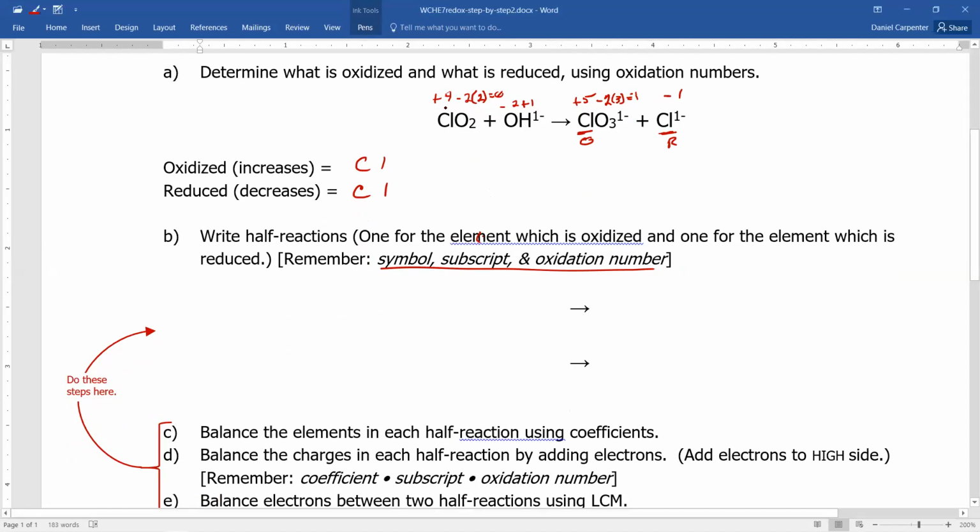We're going to start with chlorine +4 for both half reactions, but we're going to end with different things for the right side of the half reaction.